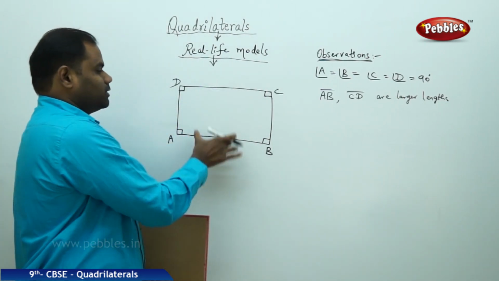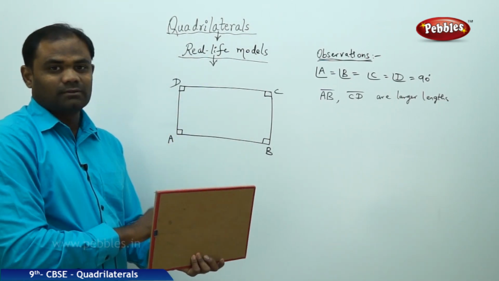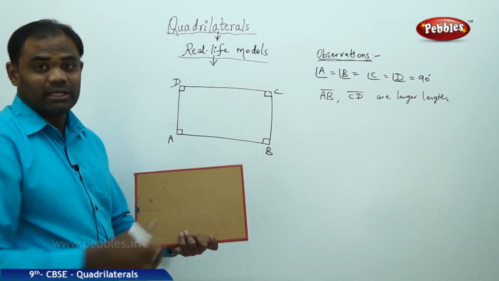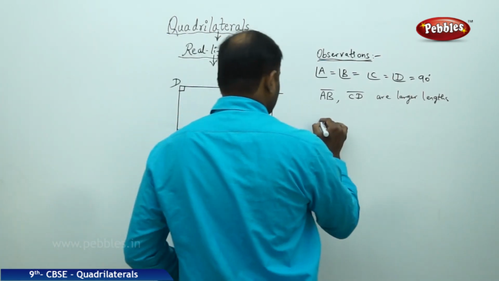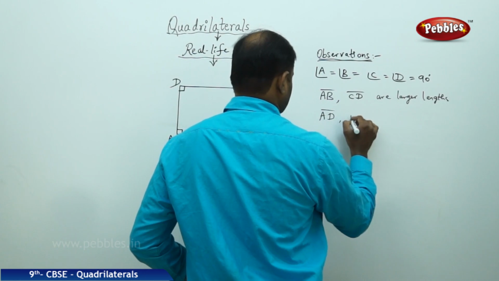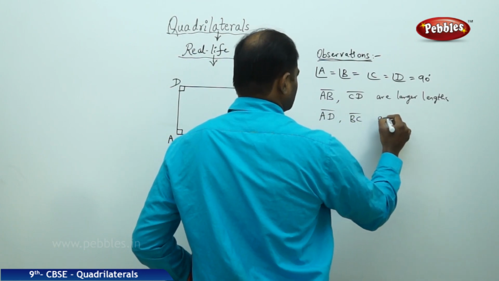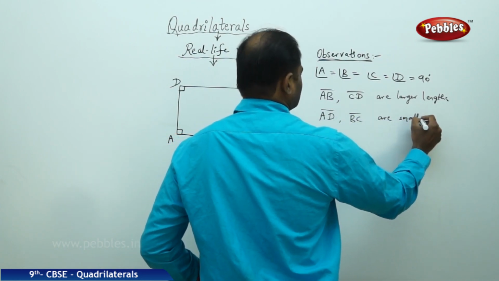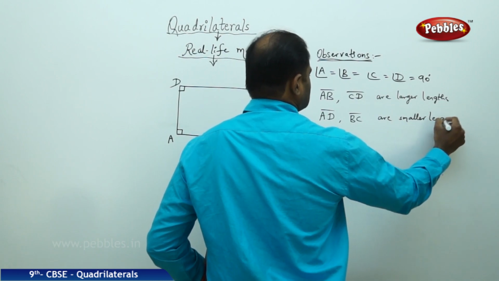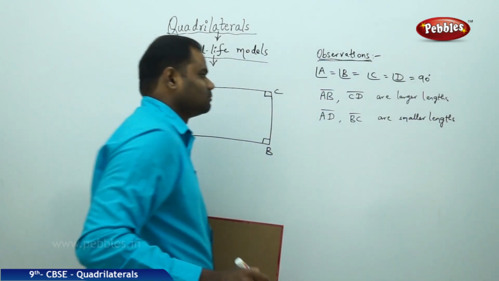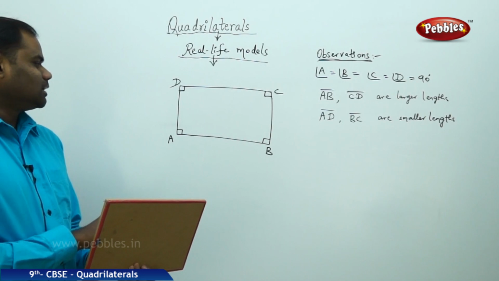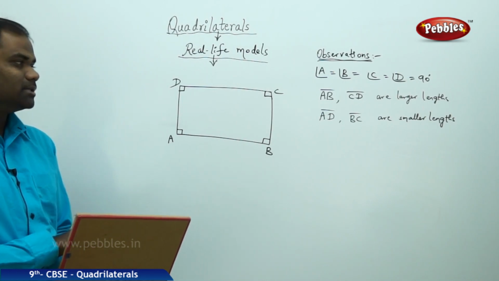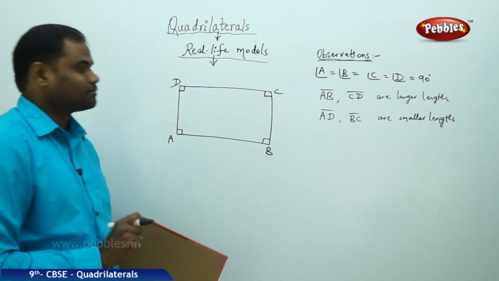These two are the larger lengths, and these two are the smaller lengths. So AB and CD are larger lengths, AD and BC are smaller lengths.